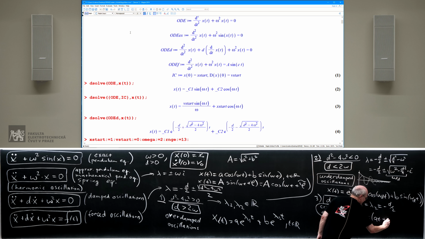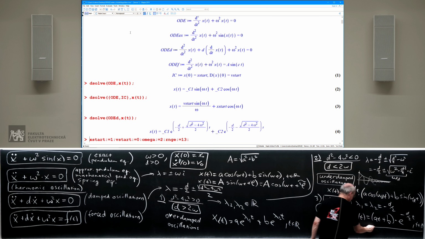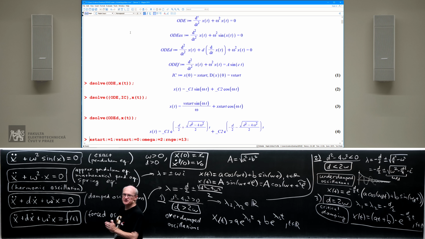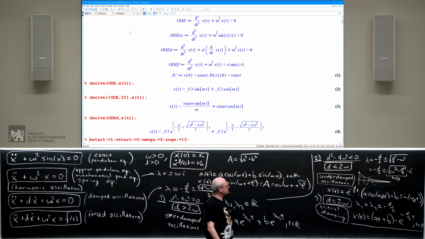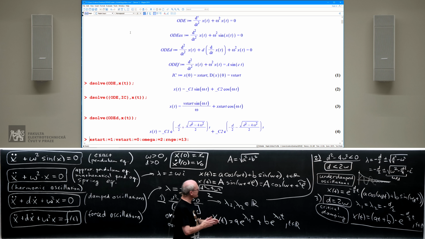It's a plus b t times e to the negative d over 2 t, for t real numbers. So that's the third case. So you can see that when the situation becomes more interesting, when we introduce some damping into the system, then there are actually 3 different modes of behavior depending on how strongly we damp those oscillations.